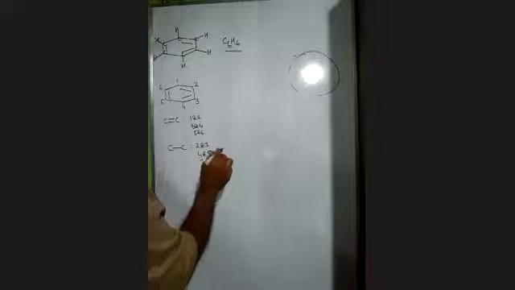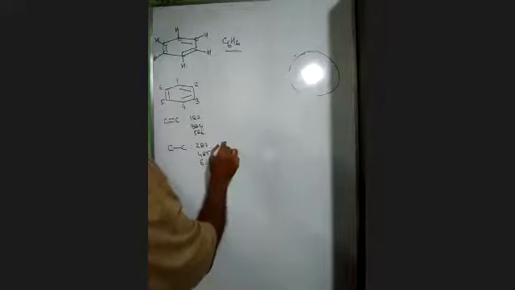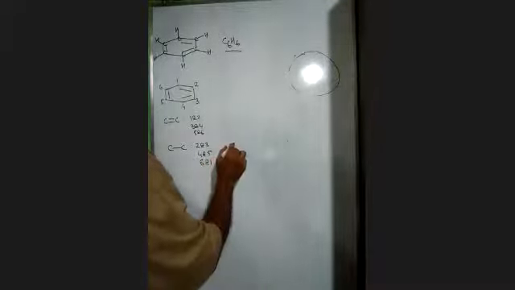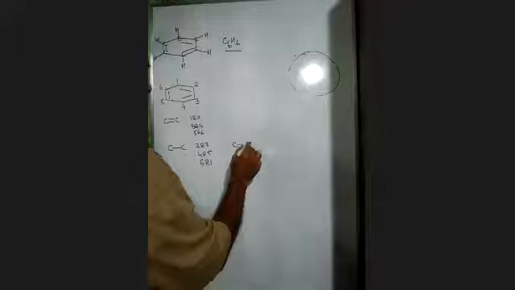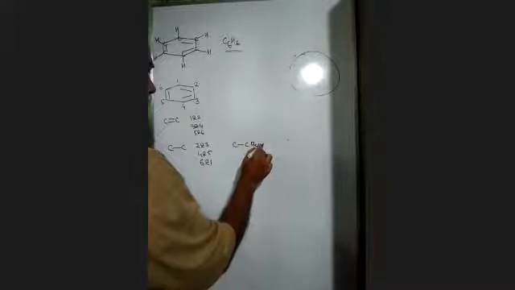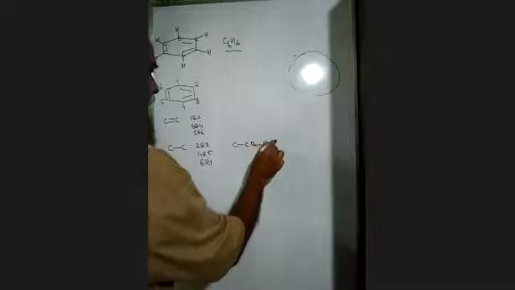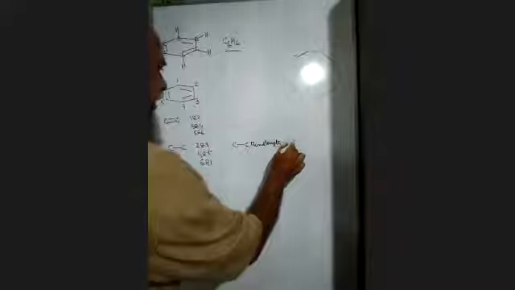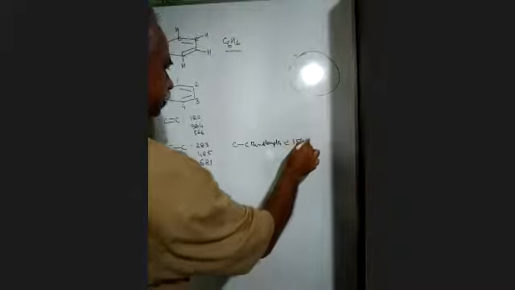So what is the bond length? We find that the carbon-carbon single bond length is 154 picometer.